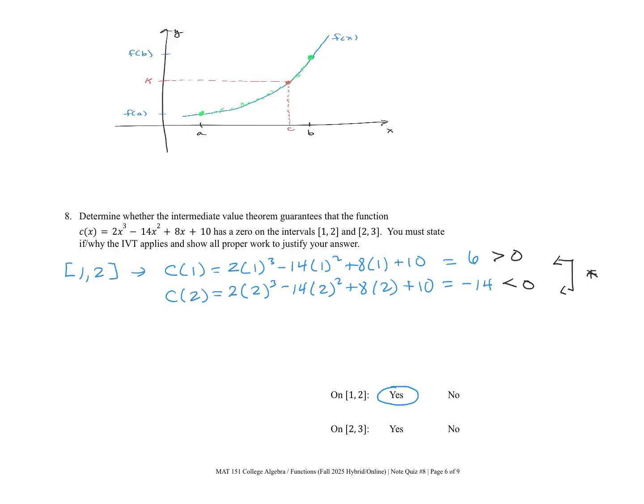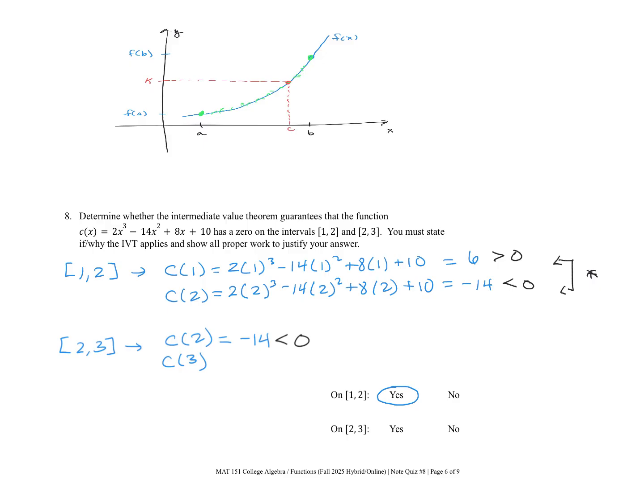The next interval is 2, 3. So I need to calculate c of 2 and c of 3. Well, I already calculated c of 2 a few minutes ago, and I got a negative 14, which we know, of course, is less than 0. Now let's calculate c of 3.